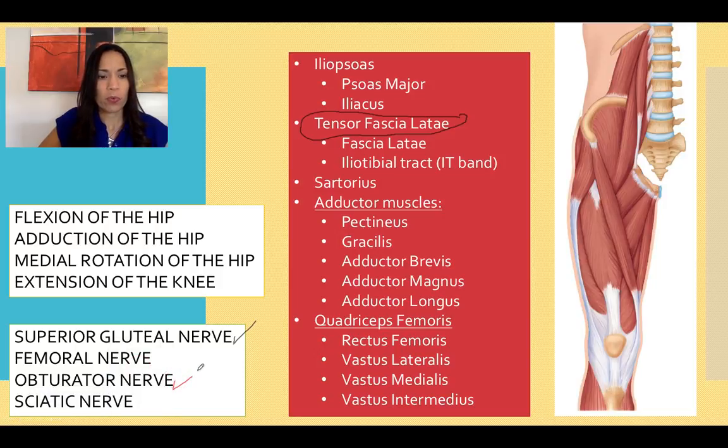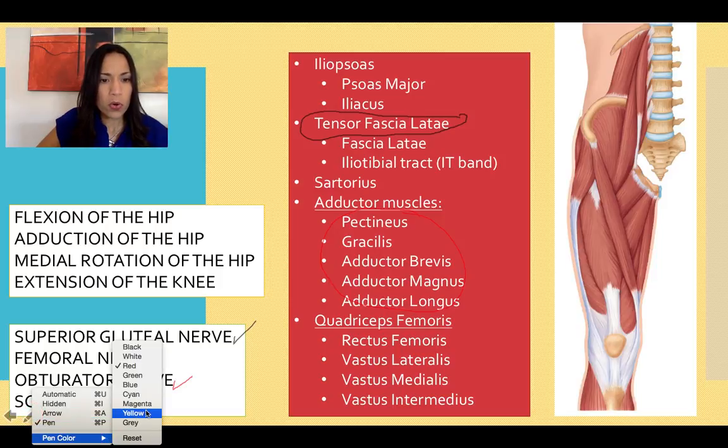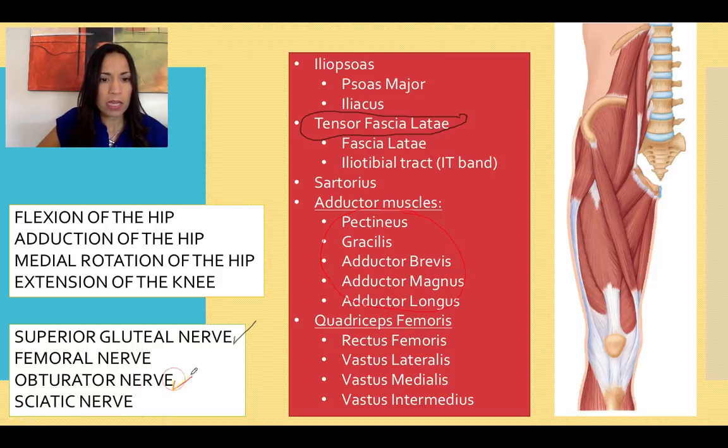Obturator nerve. Which muscles are innervated? Let's see, in yellow. All the adductor muscles are innervated by the obturator nerve. All of them, including pectineus and adductor magnus.